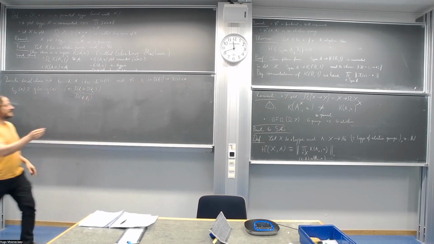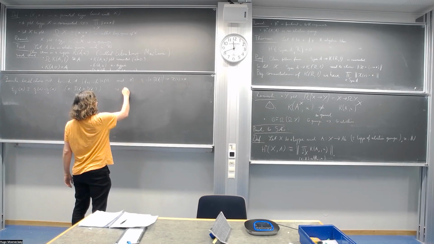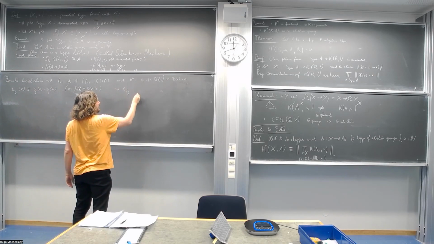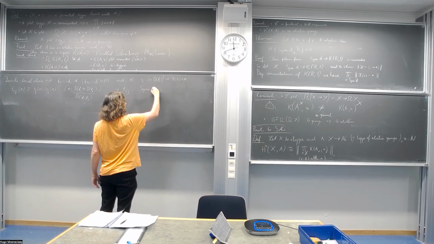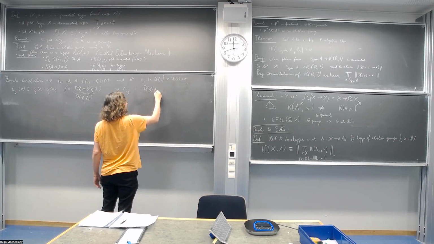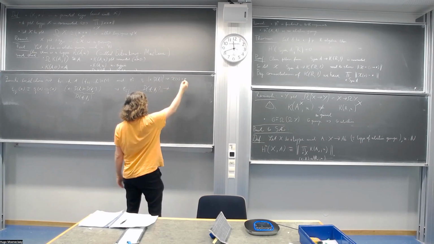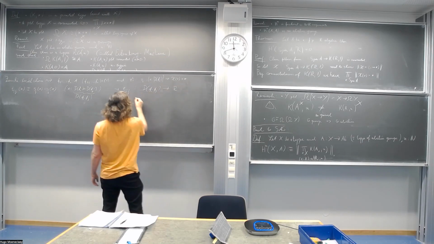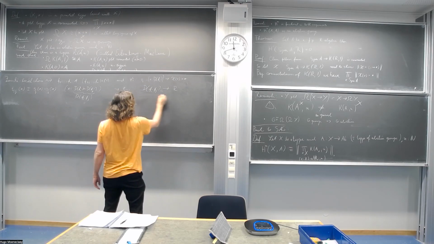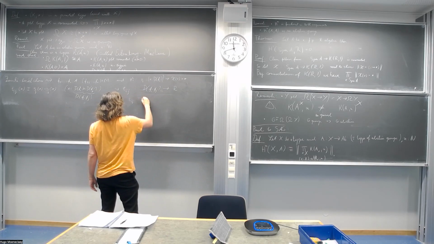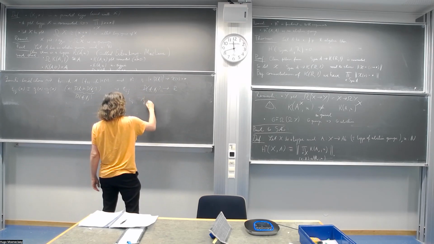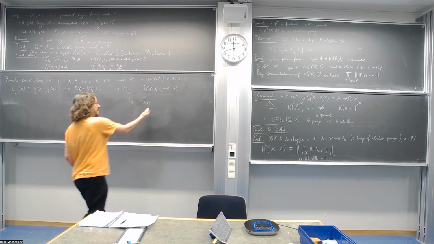So that means I have defined a function T_ij, which goes from this F_i to R. So by duality, I can also view it as some element in this algebra.